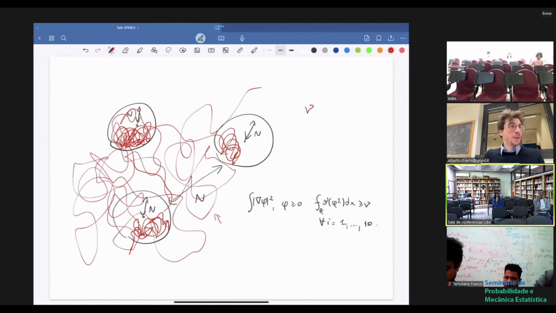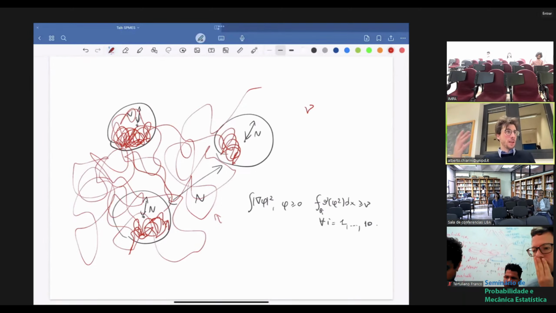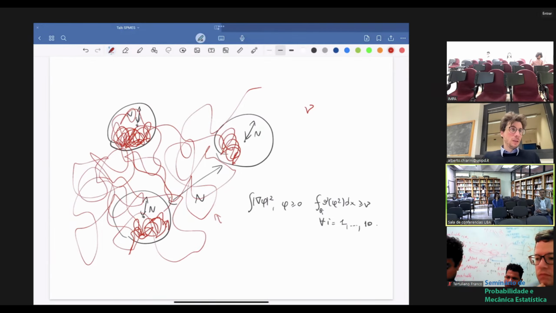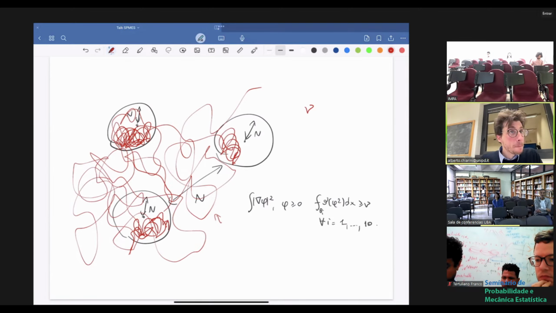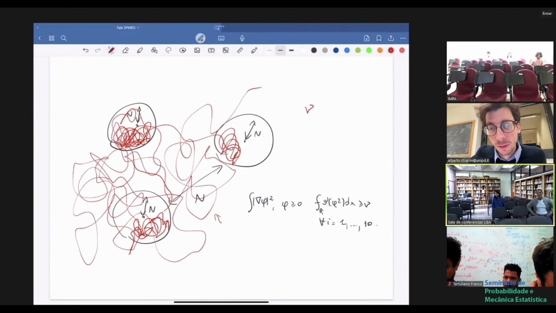So what you could say is take a finite subset K, and then for every subset K, it will converge to random interlacements. Yeah, but without the drift, right? With no drift.